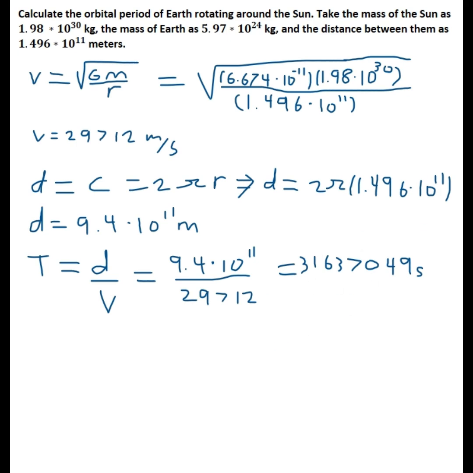Now, let's convert this into days. So, we know one day has 24 hours, which has 60 minutes and 60 seconds. So, one day equals 60 times 60 times 24.